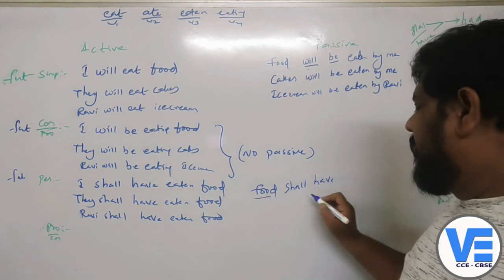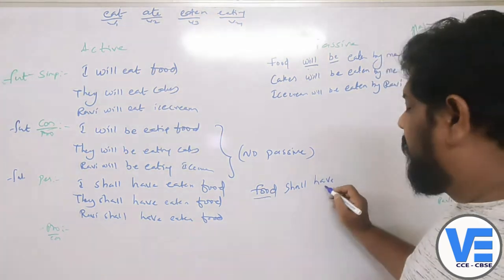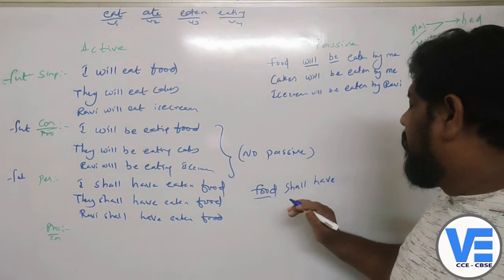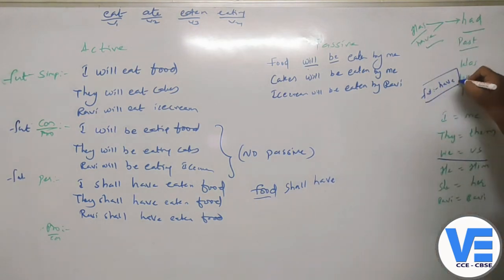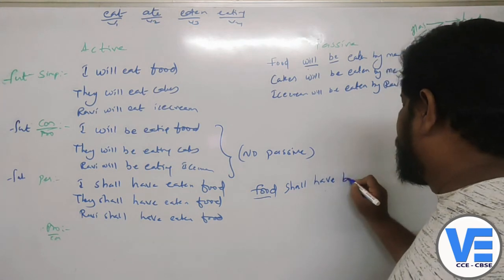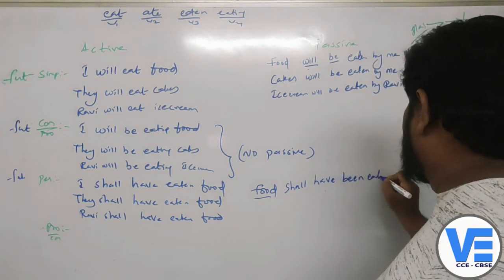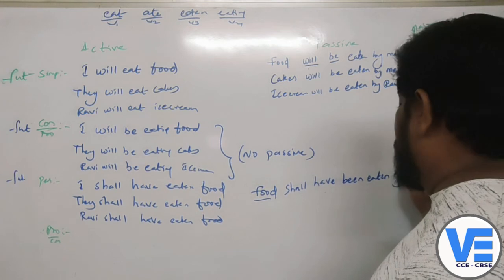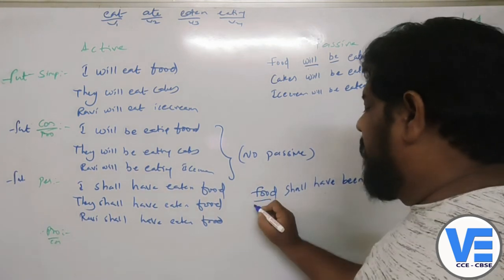You don't have any choice to take has here, because it is future, so we use only the helping verb have. So here food shall have been eaten by me.